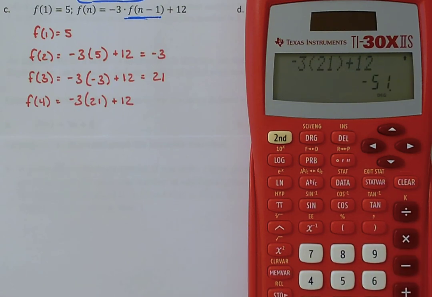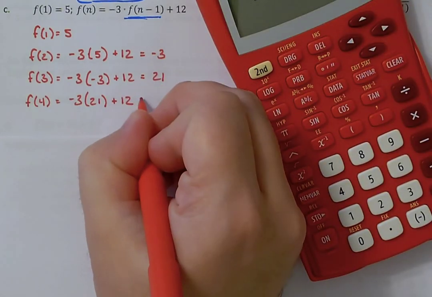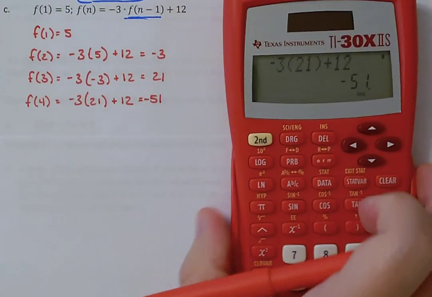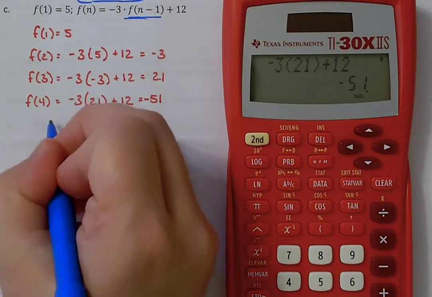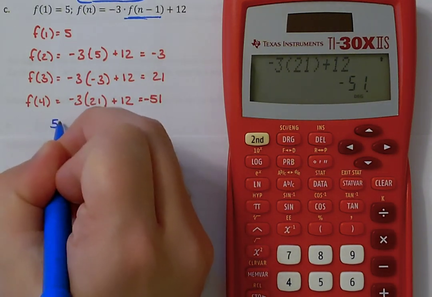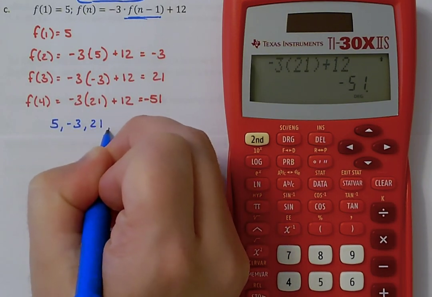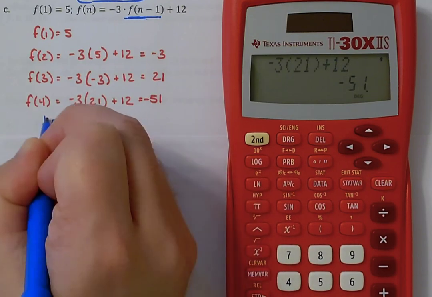And I end up with negative 51 as my fourth term of my sequence. So my four terms are 5, negative 3, 21, and then negative 51.